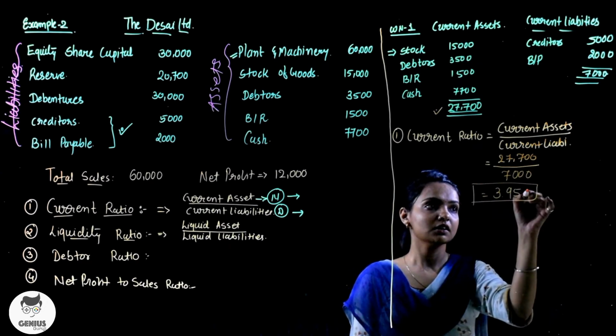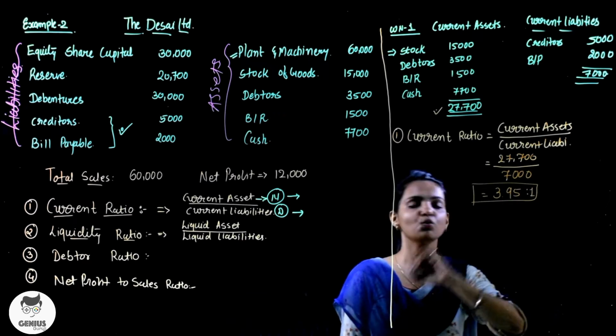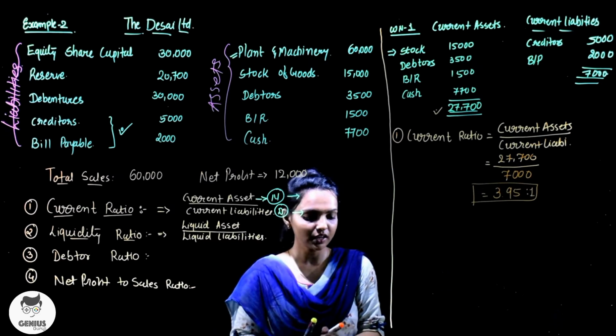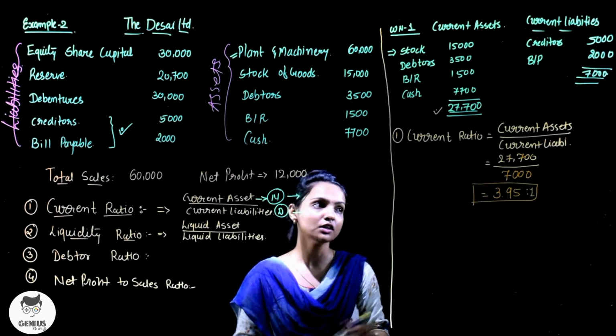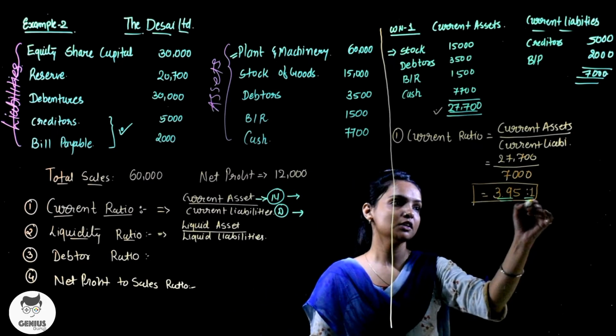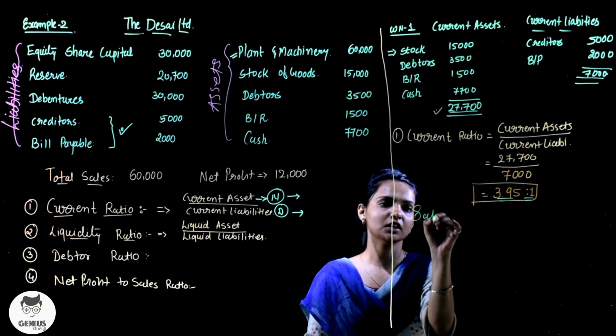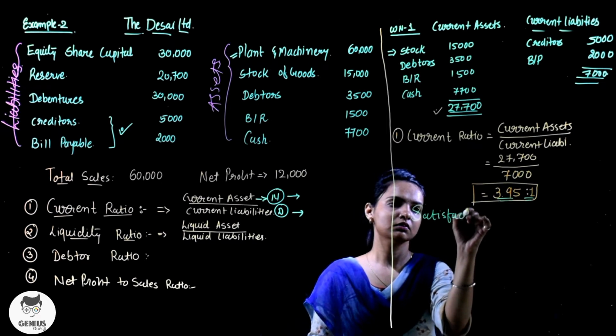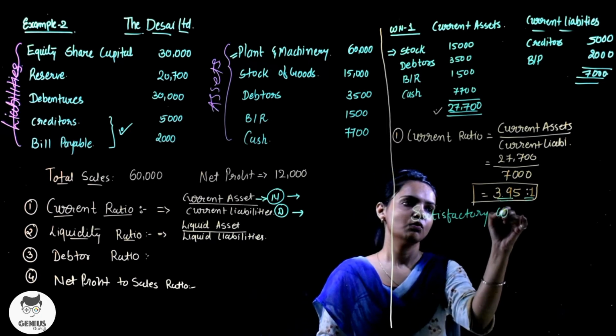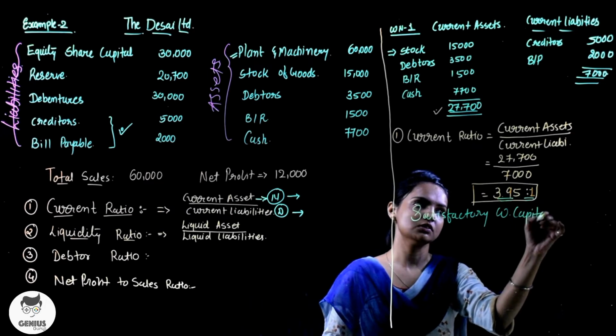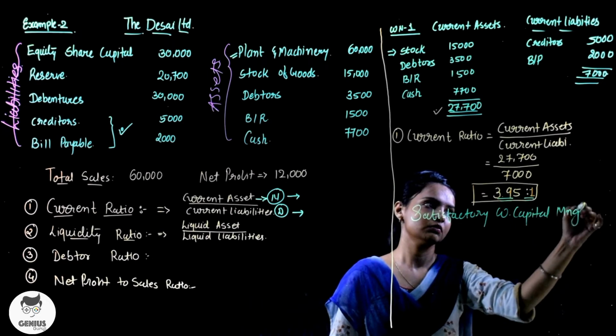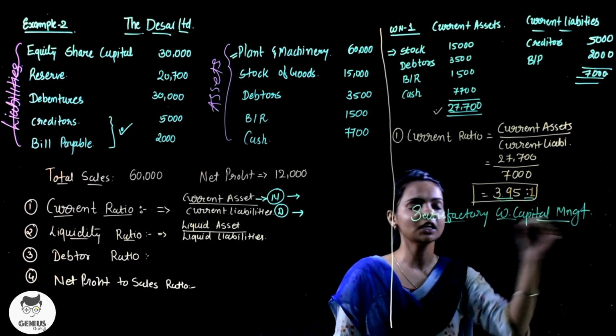But conclude your answer as 3.95 raised to 1, because it shows that the company is showing very satisfactory working capital management. Why is it satisfactory?